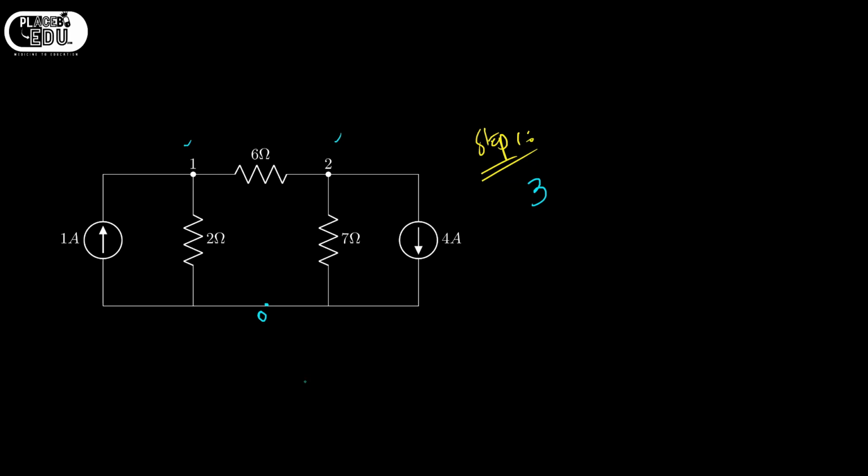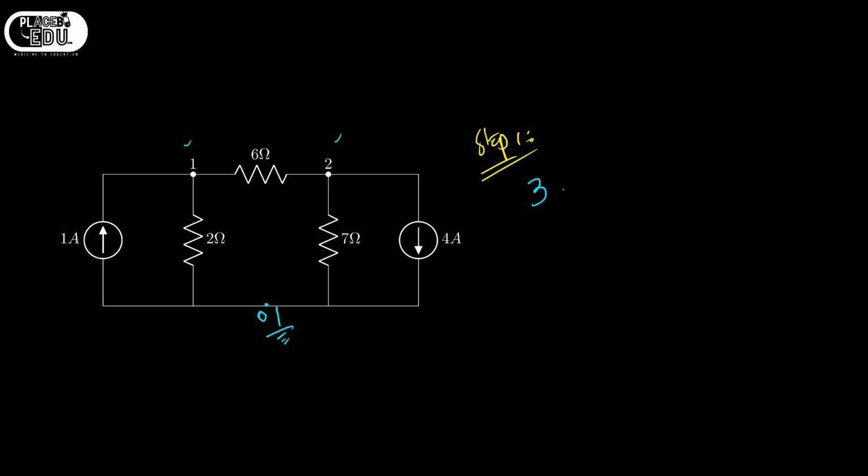In that, I am going to consider any one of them as the reference node. I am considering this as the reference node for easiness. Actually, you can also consider 1 or 2 as the reference node, whichever node you want. I am taking node 0 as the reference node.